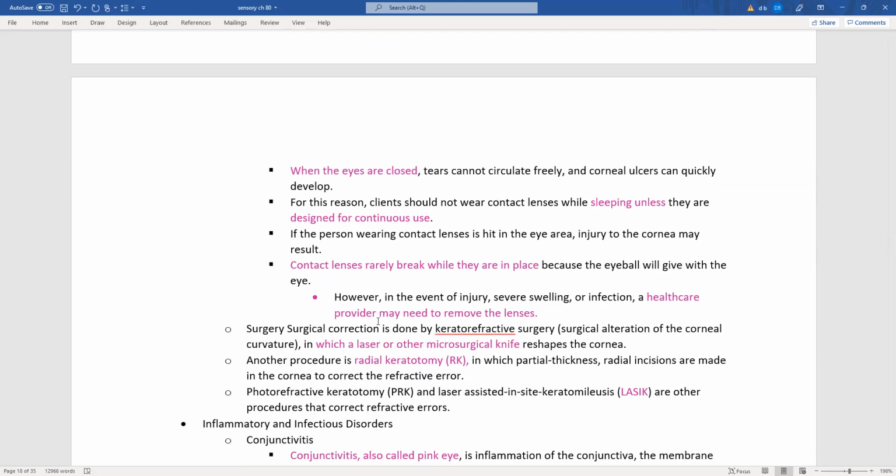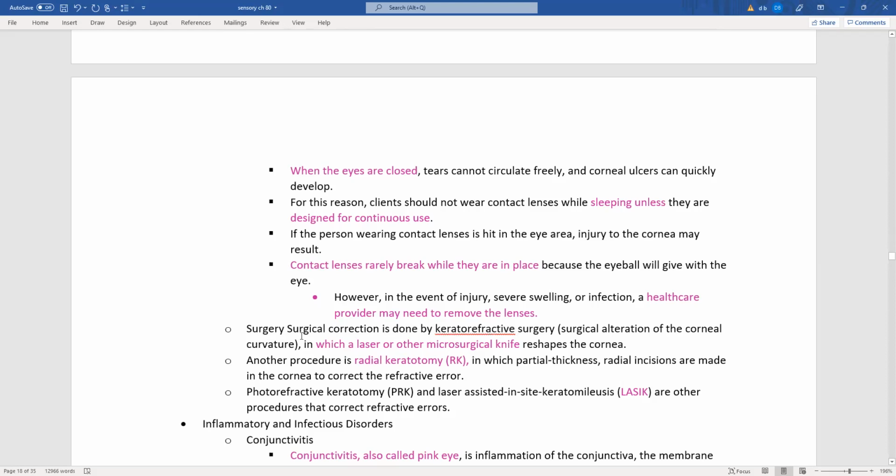Surgical correction is done by refractive surgery.